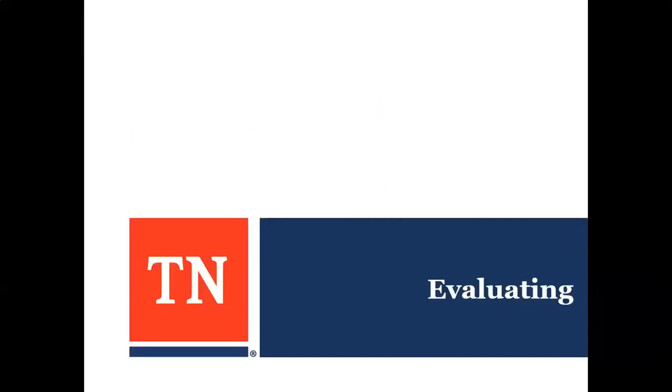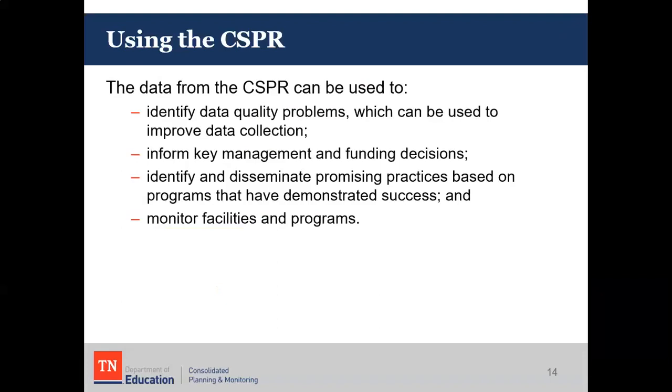Now let's talk about evaluation and how facilities and districts can use the CSPR data. So the data from the CSPR can be used to identify data quality problems, which can be used to improve data collection. They can inform key management and funding decisions.